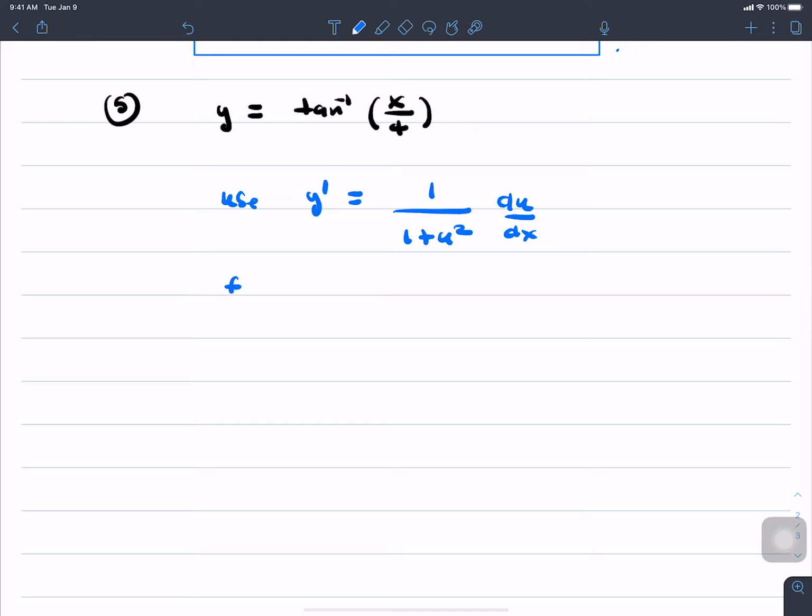Or the operator notation for the derivative, f prime x being the derivative of inverse tangent u du dx.